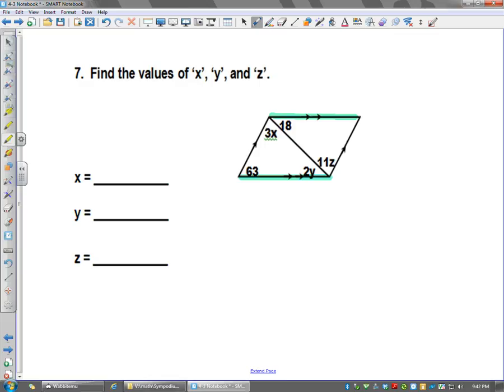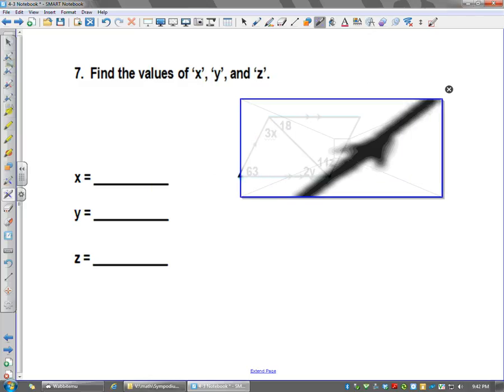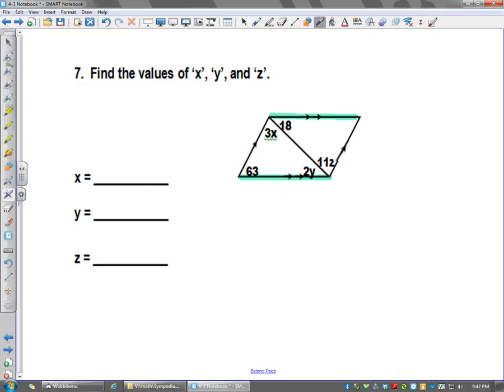This has 1 arrow, and this has 1 arrow, so that means that this line segment is parallel to this line segment. So what we should be realizing here is that this is a transversal. Now, if I want to find y, it's pretty easy.